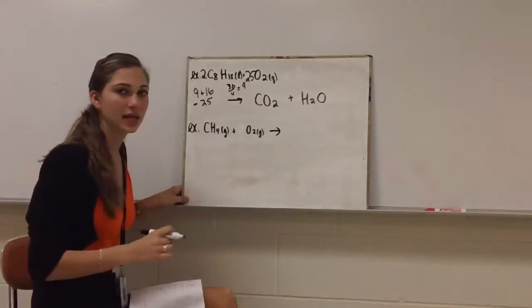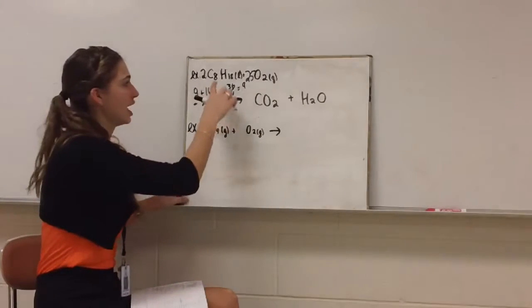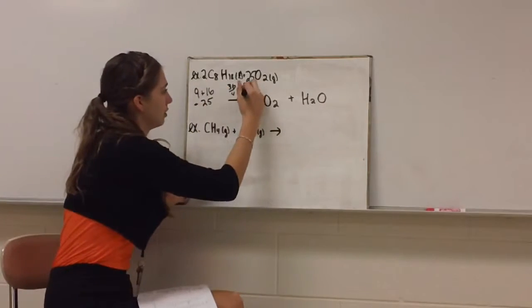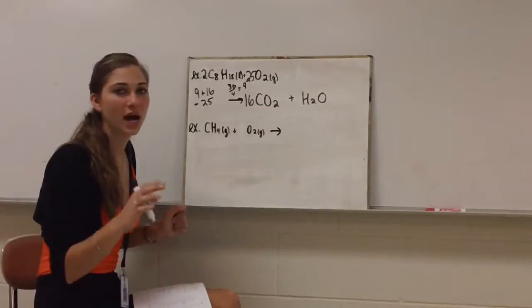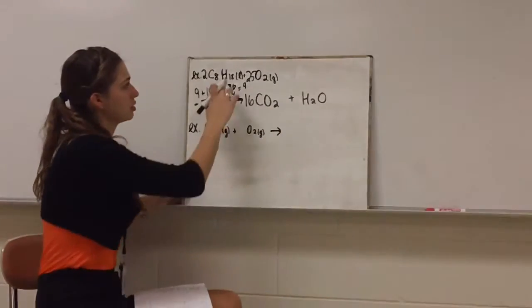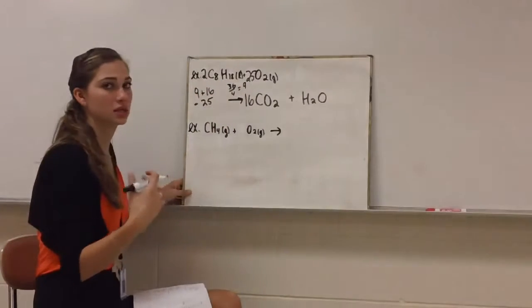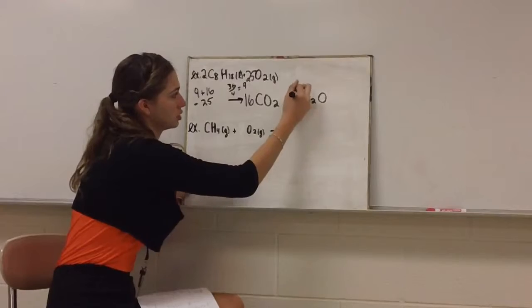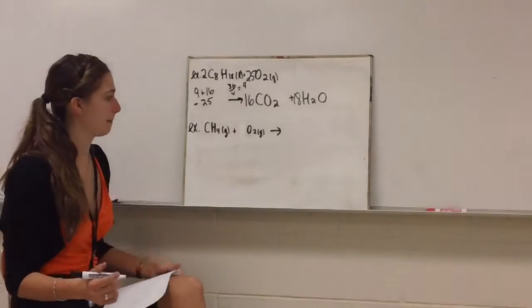Now for carbon dioxide, I put my x value. My x value here is 8 times 2, which is 16. And then water, it's y divided by 2. So that's 18 times 2, which is 36, divided by 2 is 18. You can try this next one.